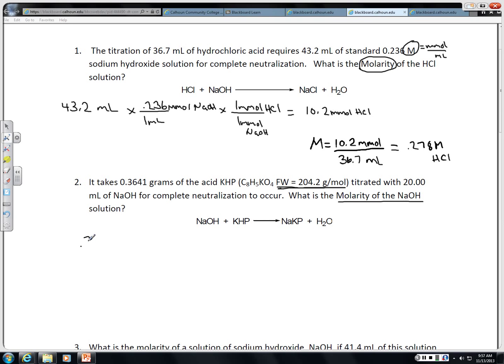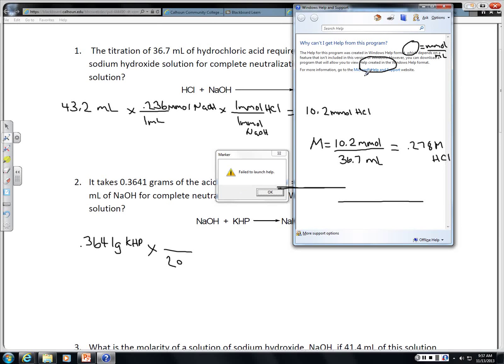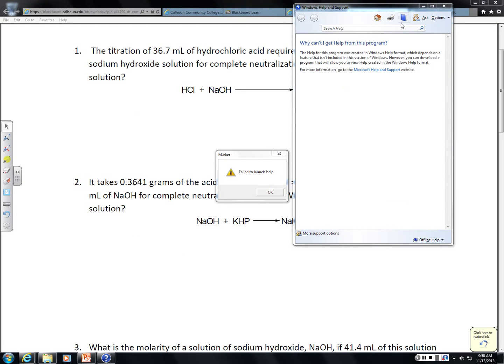So we're going to take our grams and convert to moles.